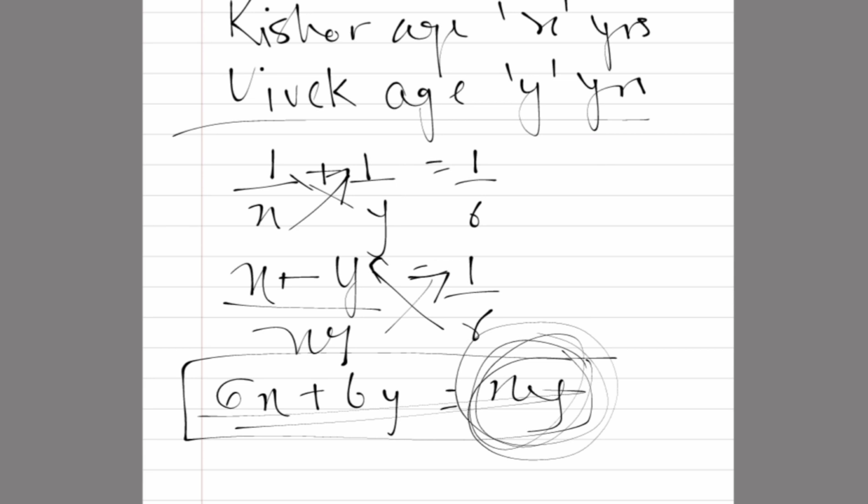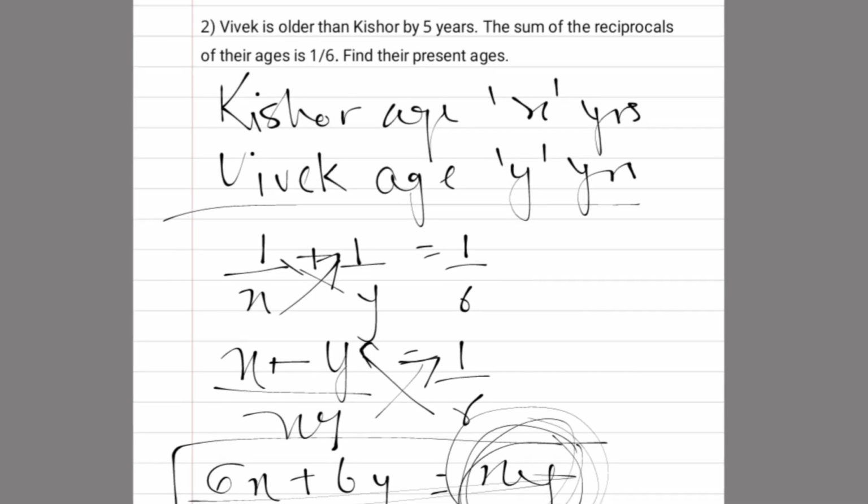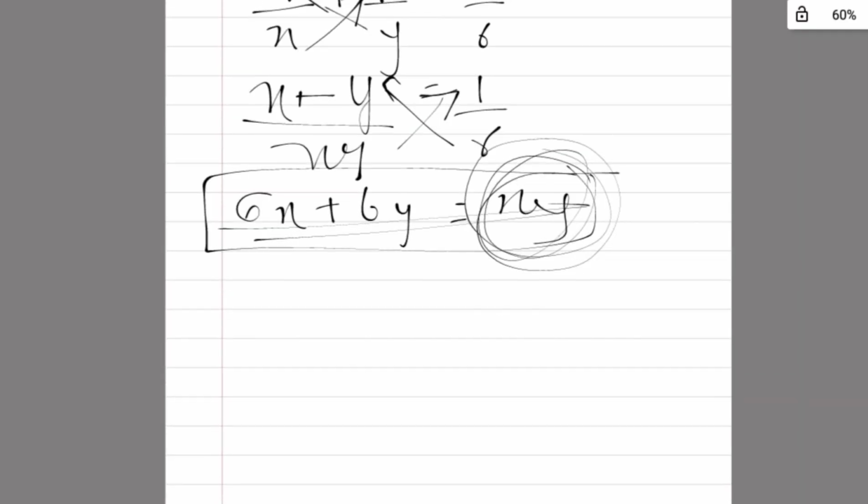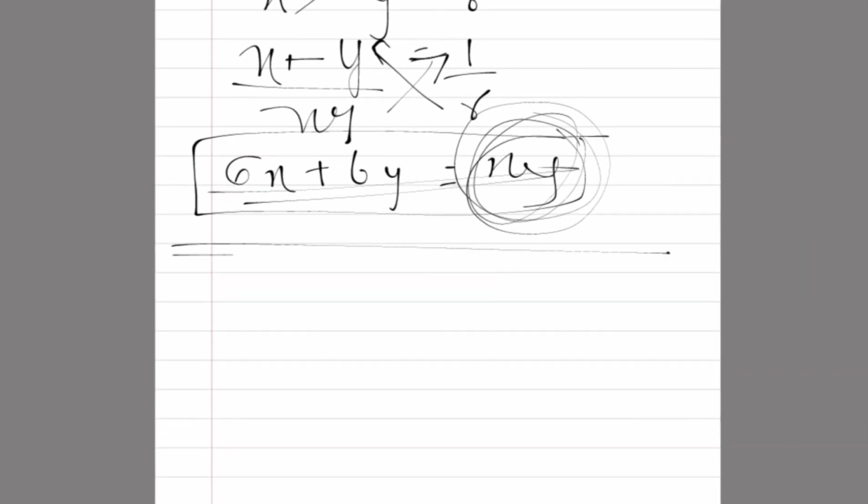I know I am repeating it a lot of times, but you need to know the difficulty faced when we solve it by linear equations. Now we are going to solve it by quadratic equations. For that, we assume that Kishore's age is x years.